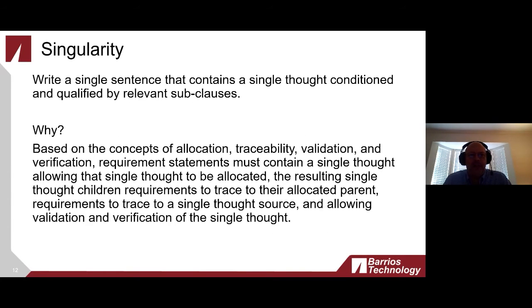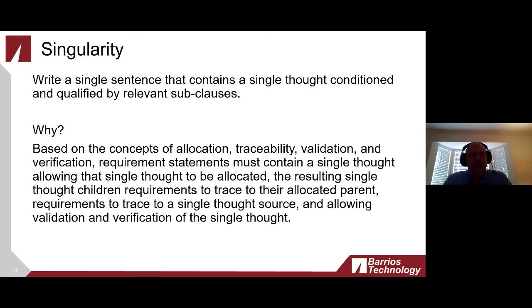So I mentioned singularity earlier. The problem is that commonly this is overlooked in its importance, mostly because most people aren't aware of that systems engineering need for traceability and allocation, validation and verification of a requirement.